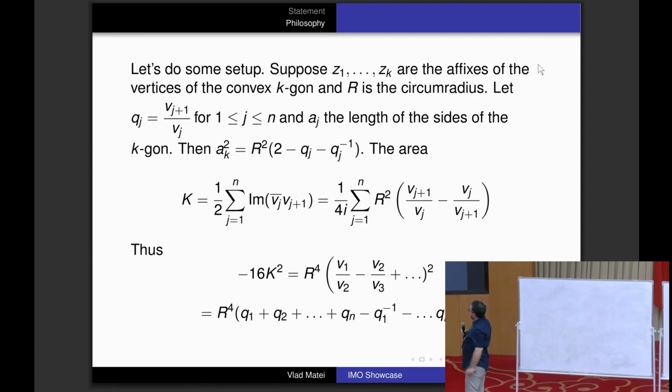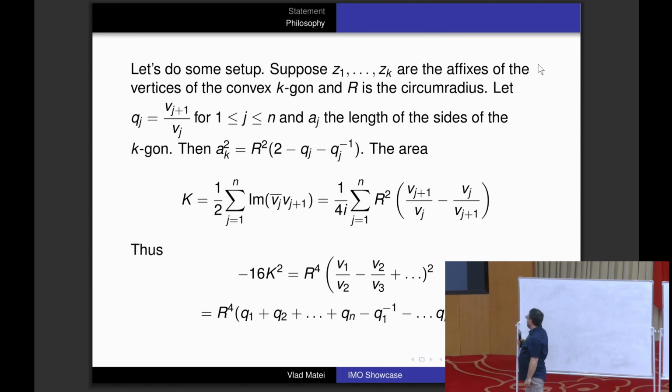Let's take complex coordinates for the vertices, z1 through zk, where r is the circumradius because everything is on a circle. I'm going to take qj to be vj plus 1 over vj, and the convention is that vk plus 1 equals v1, so it's a cyclic notation.